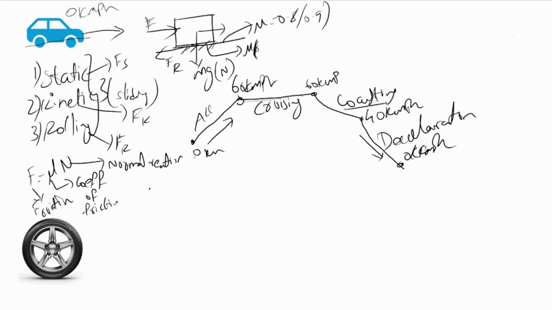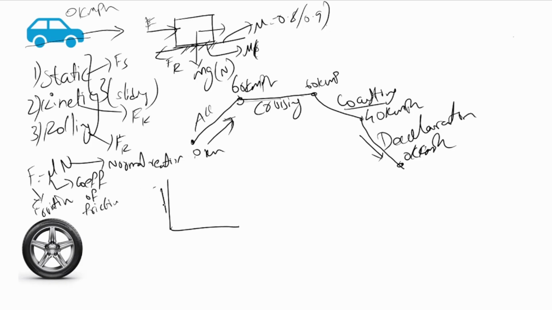Now when you're accelerating, from a stationary, static condition, you start moving. At that point of time, what frictions will be acting? I just want to simply explain the force versus friction curve.